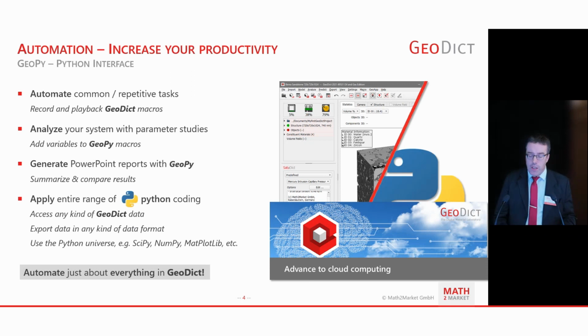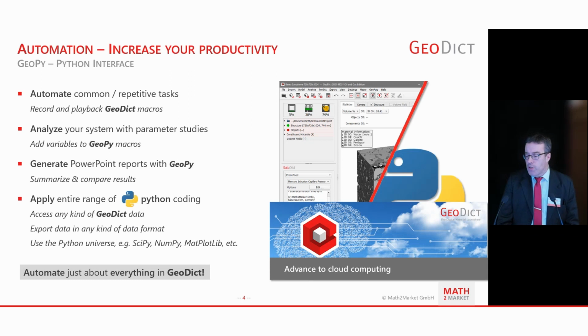With access to the entire range of Python coding, you can automate just about everything in GeoDict. With all the available functionality of the Python universe, such as modules like SciPy and NumPy, you have the full flexibility of a scripting language at hand. And with all the workflows set up, cloud computing with GeoDict might be a path to consider. We do actually offer cloud options such as software as a service solutions.